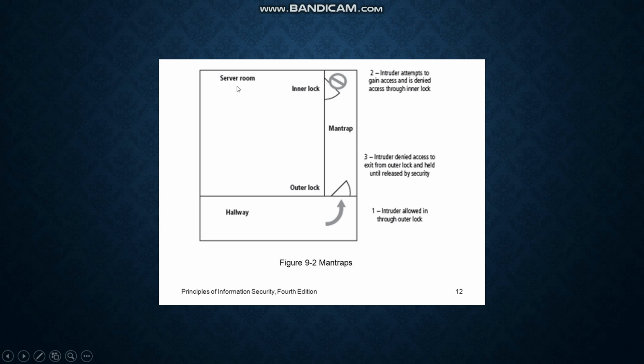So in this illustration, it's a server room. The intruder is allowed in through the outer lock. The intruder attempts to gain access and is denied through the inner lock. And the intruder is denied access to exit from the outer lock and held until he is released by security.